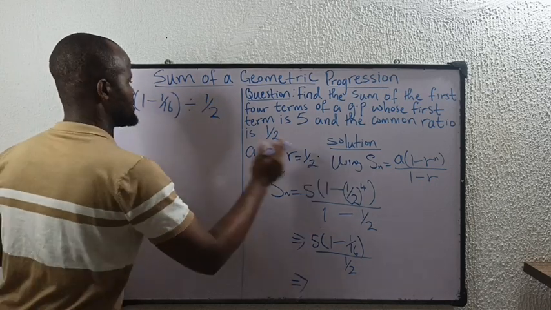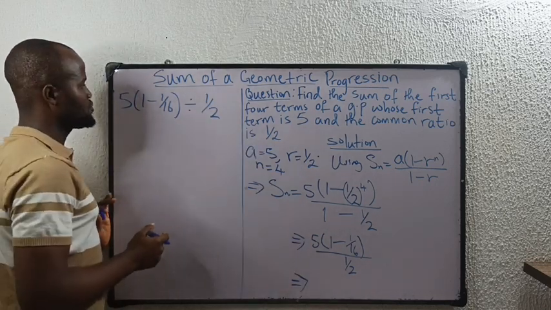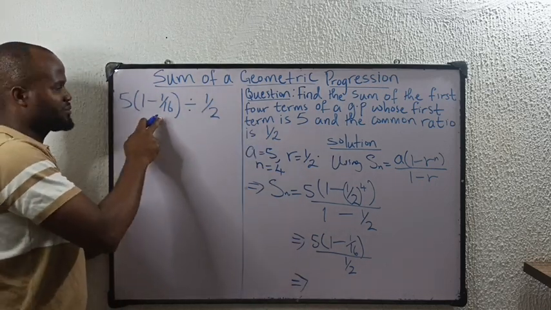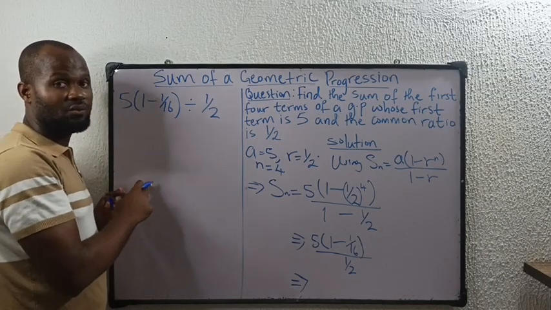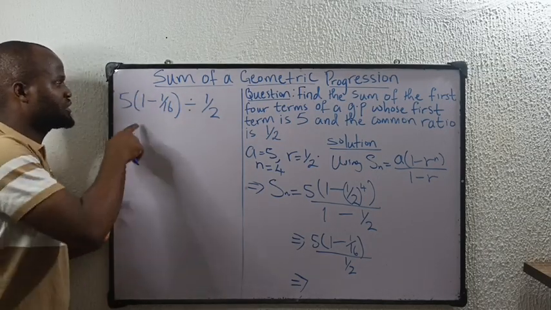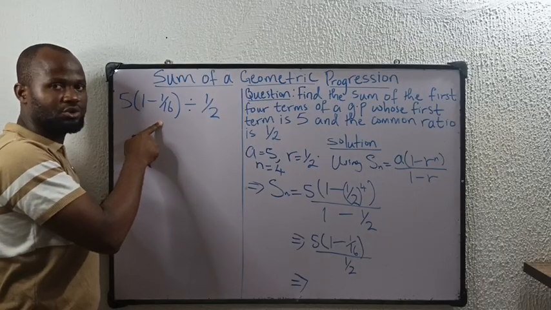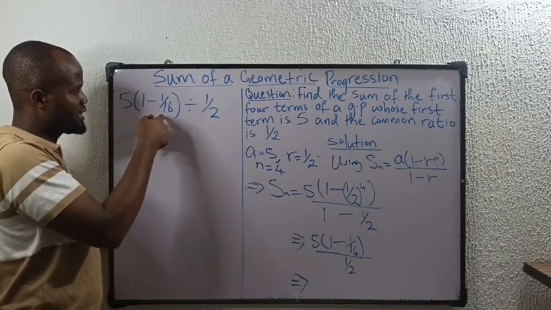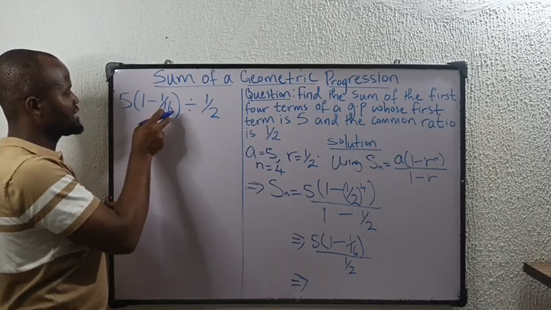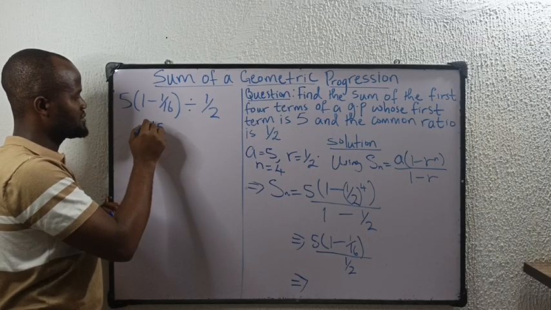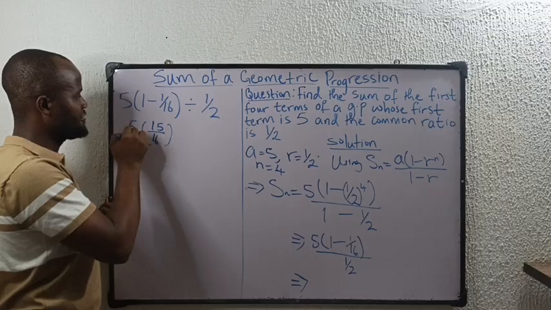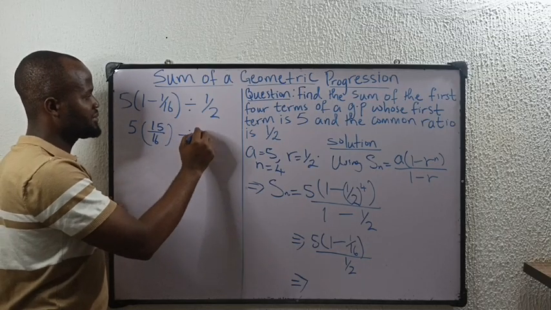So I just brought it over here to become divided by 1 over 2. So let's resolve what is inside the bracket. 1 minus 1 over 16. So remember what we did in class the other day. We said whenever you have 1 subtracting this, all you need to do is just say 16 minus 1. And that gives you 15. And so this becomes 15 over 16. So this is what we have. 5 into 15 over 16 divided by 1 over 2.